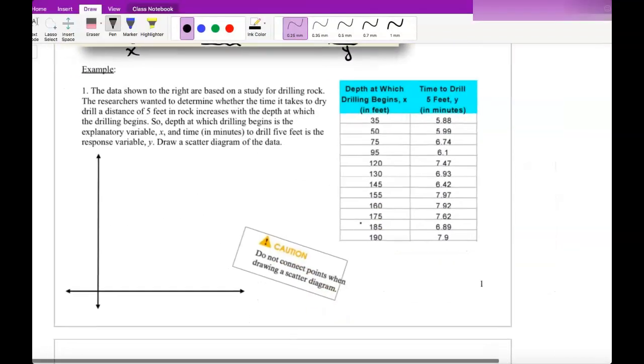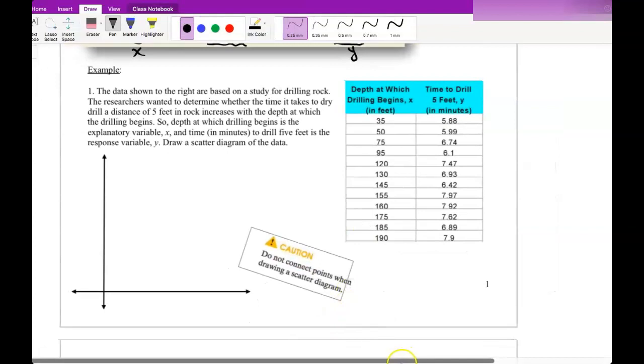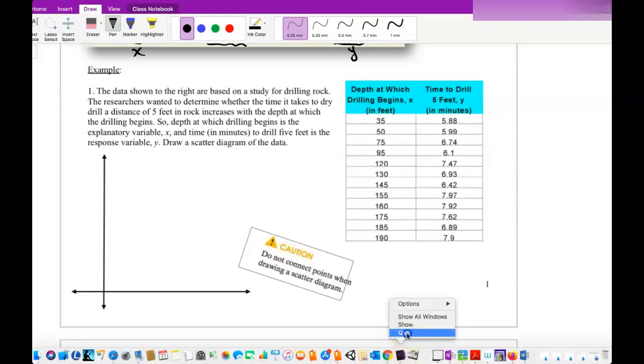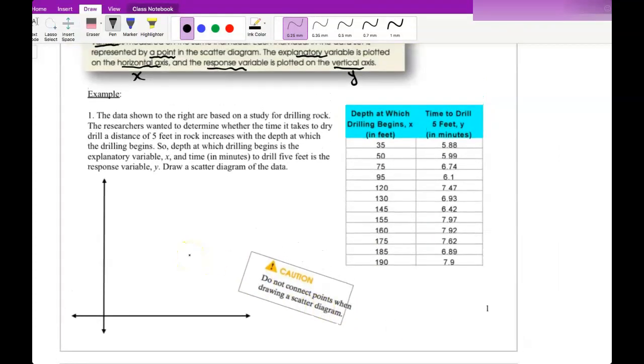Okay, now an example. Here we have this table and we have two columns. The first column is x and here is y. The data shown to the right are based on a study for drilling rock.